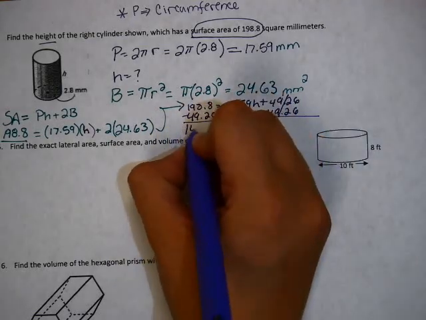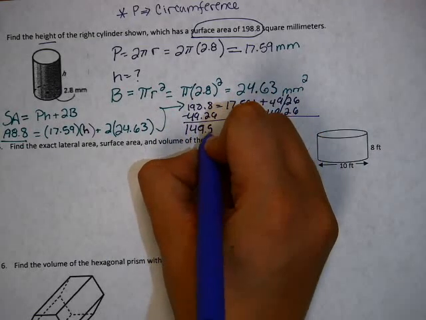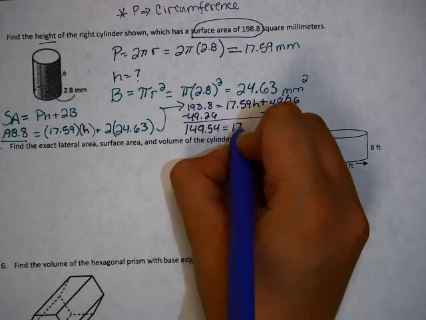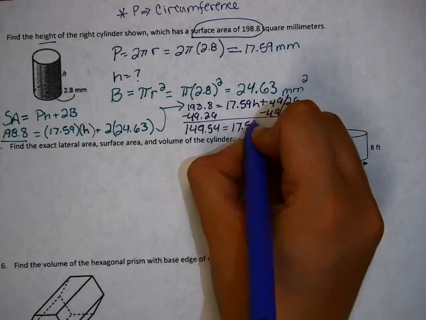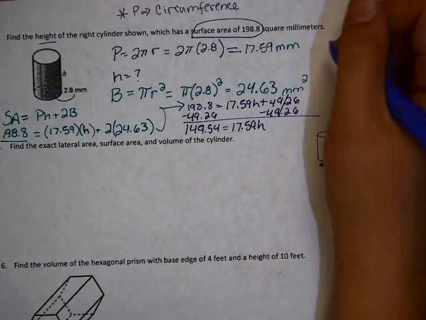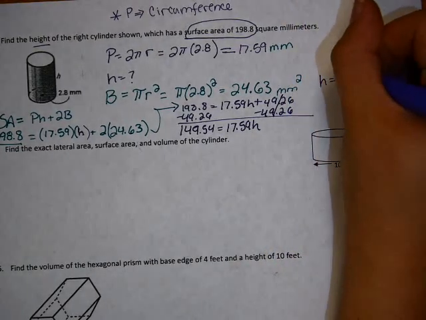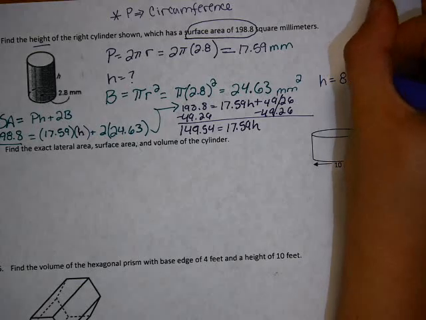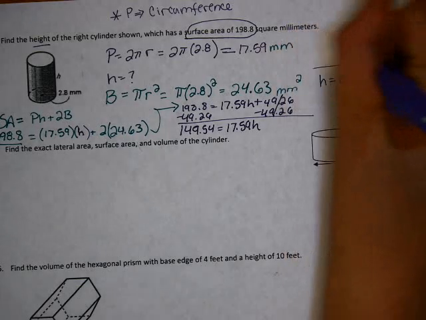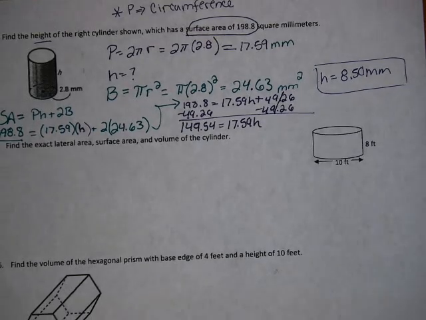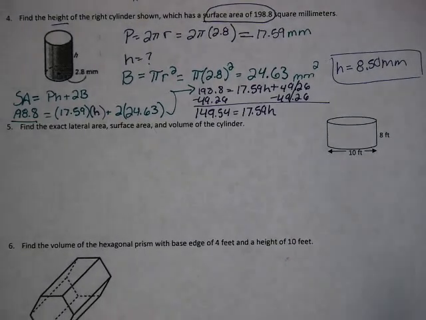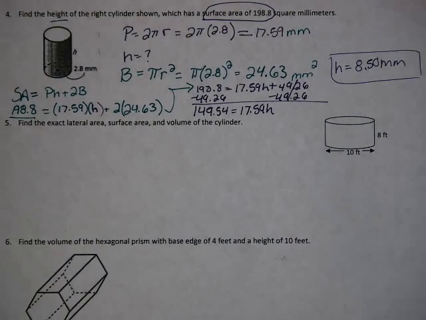So I get 149.54 is equal to 17.59 times the height. Divided by 17.59, and we get our magic number for the height. Height is 8.50 millimeters. Okay. All right, next one.